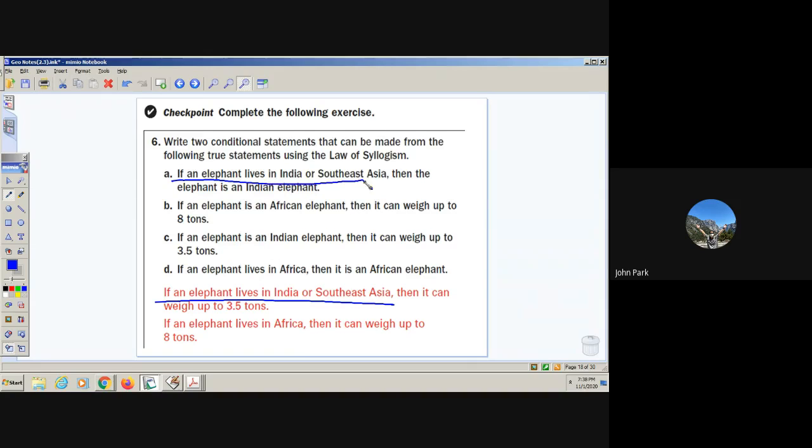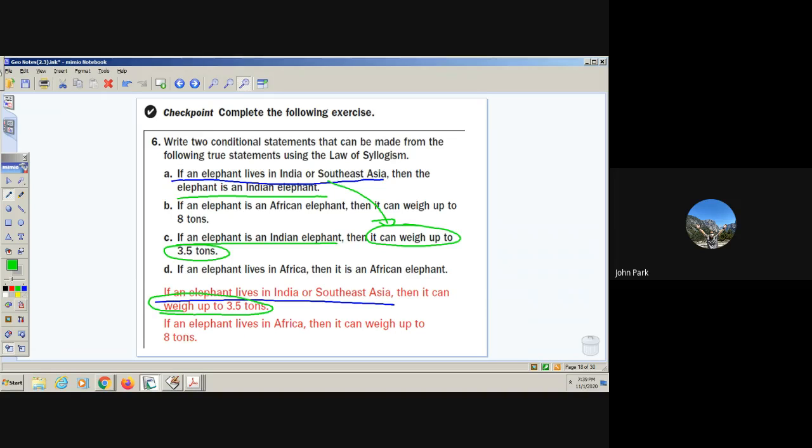Then the elephant is an Indian elephant. But I can make a jump because if it is an Indian elephant, it can weigh up to 3.5 tons. So I'm making a jump from here to here, skipping the Indian elephant part. That is using the law of syllogism.